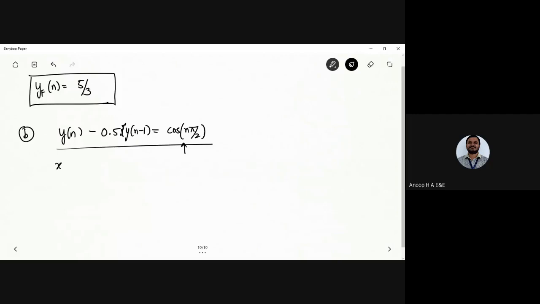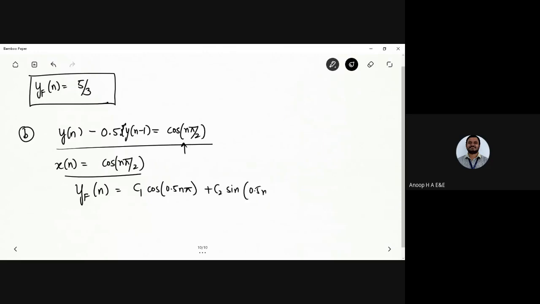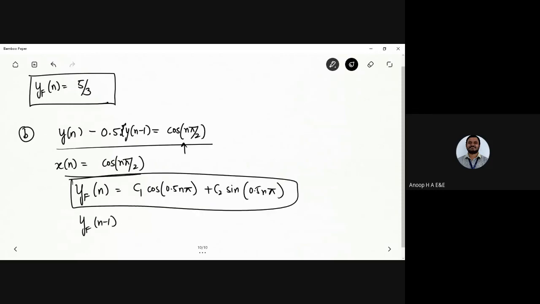To find the forced response of the system, x of n is cos of n pi by 2. Depending on the input, the forced response is c1 cos 0.5 n pi plus c2 sin 0.5 n pi. So that is yf.